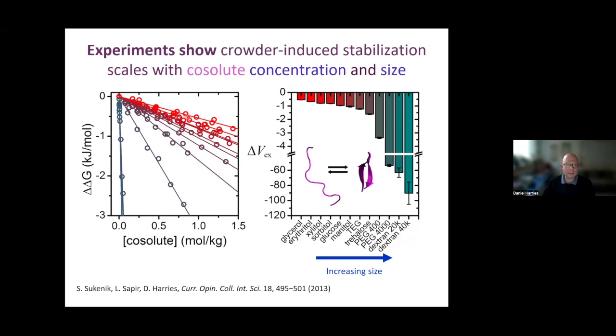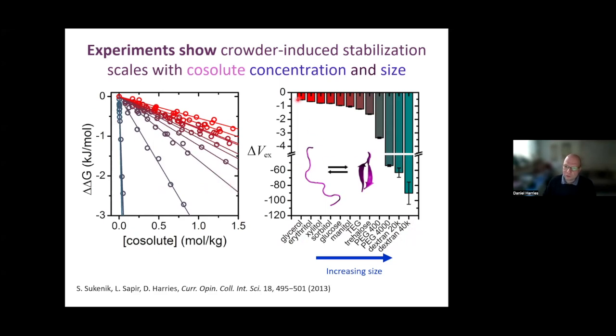And we see that as the Asakura and Osawa theory would predict, the slope of this change in free energy with co-solute or Crowder concentration becomes more steep the larger the Crowder.